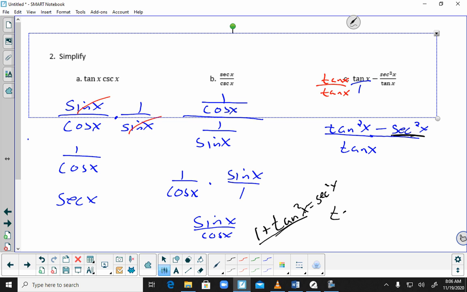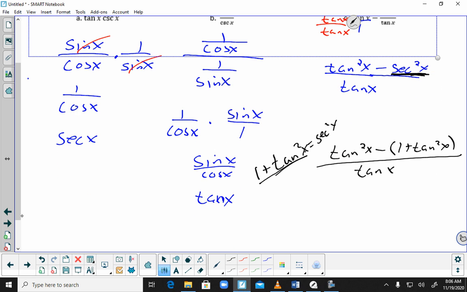So I'm going to have tangent squared x minus, and then in place of the secant squared x, I'm going to write 1 plus tangent squared x, all over tangent of x. And then I am going to distribute the negative sign. So tangent squared x minus 1 minus tangent squared x all over tangent of x.